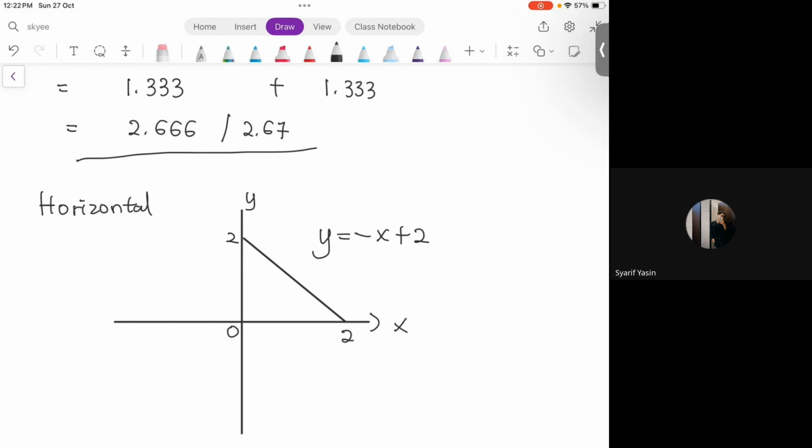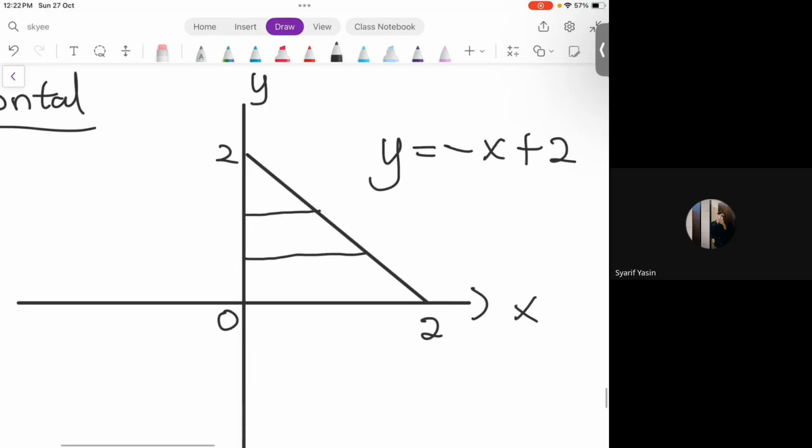When we say it is a horizontal strip, it means that you are going to draw a horizontal line. You see this horizontal line? Now I'm going to move it down and move it up. When I move it down, we can stop here, right? It's a minimum.